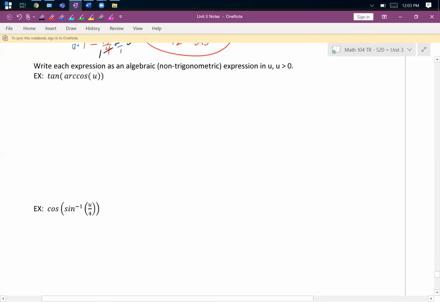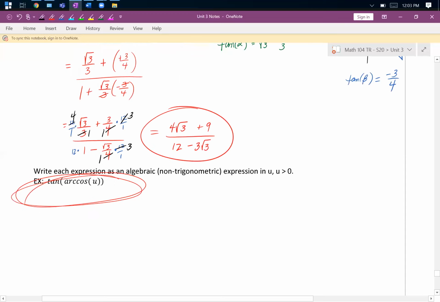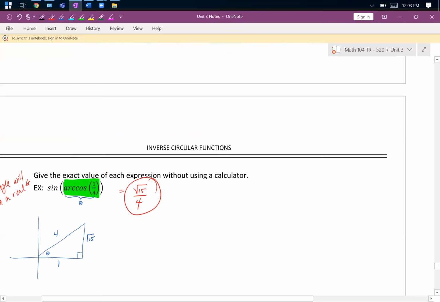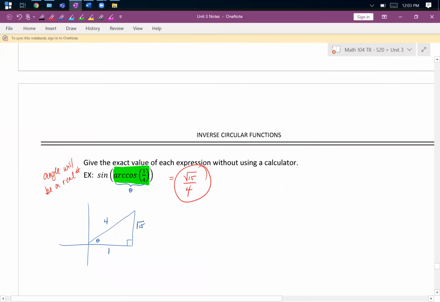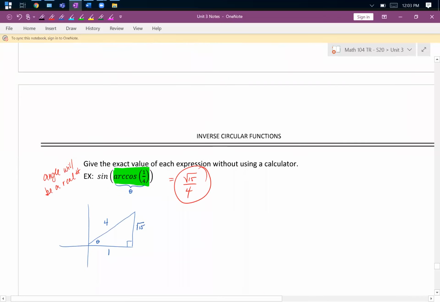So this problem, even though it looks so weird with arc cosine and U and everything like that, is exactly the same problem as this first one, sine of arc cosine of 1/4. We're going to create a triangle because what we were given is not on the unit circle, and then we're going to use SOHCAHTOA to get one of the other trig functions of the triangle that we've created.